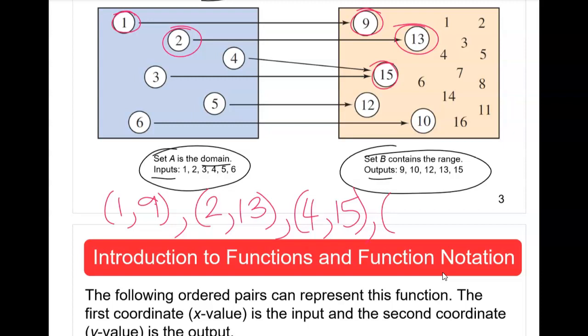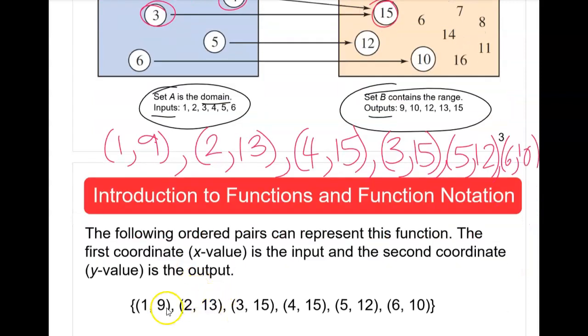Then we have 3 also going to 15. And then we have 5 going to 12. And finally, we get 6 going to 10. So those are the set of ordered pairs, and we also have them here.